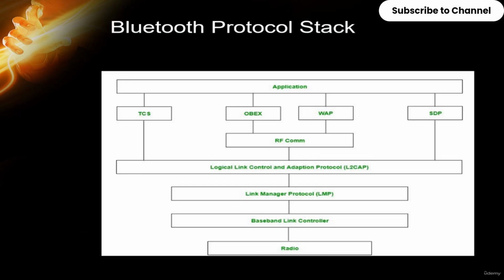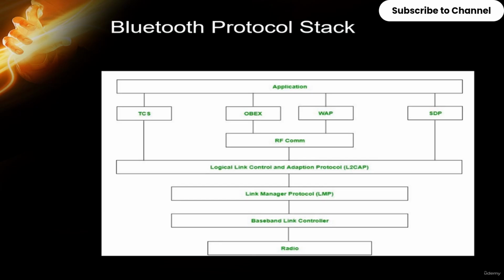Then the next is the RFCOMM layer. In this layer, the protocol replaces the cable. The RF communication uses OBEX or WAP for the serial interface.